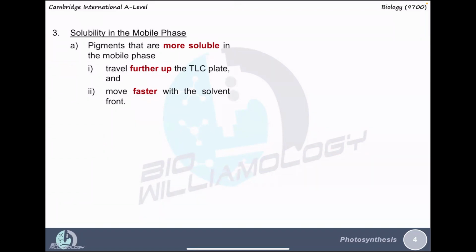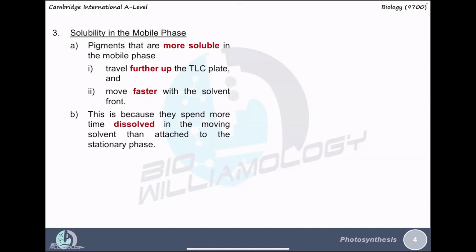Imagine that if the pigments dissolve well in a particular solvent, they tend to be carried by this solvent and move further from the origin line. This is because they spend more time dissolved in the moving solvent than attached to the stationary phase, which is silica gel.